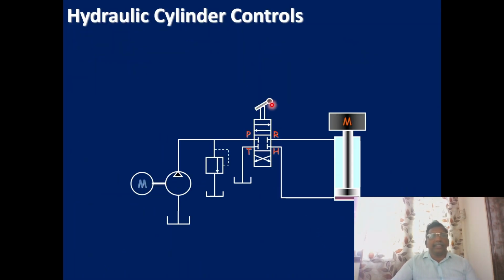Okay. Now we see the hydraulic cylinder, how it works. See, when the motor runs, immediately it runs the pump. Now suction occurs. So we are carrying the fluid to the direction control valve. For example, what type of direction control valve? It is a lever operated 4 by 3 DCV.